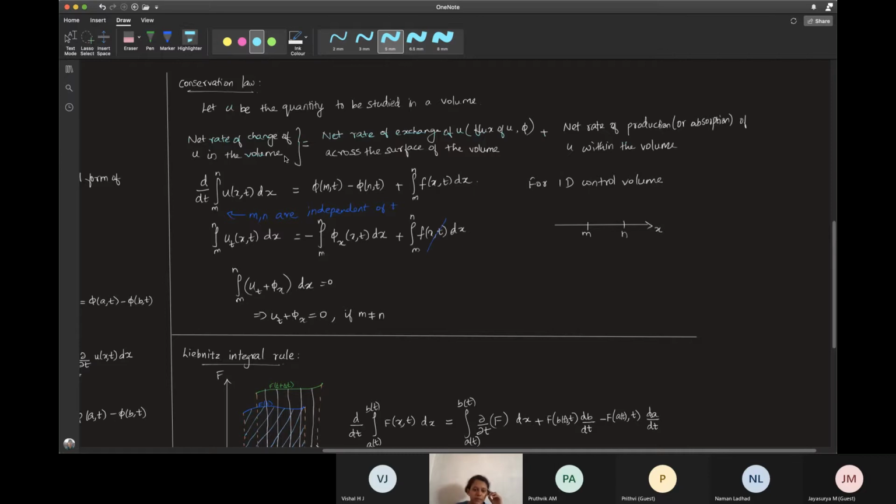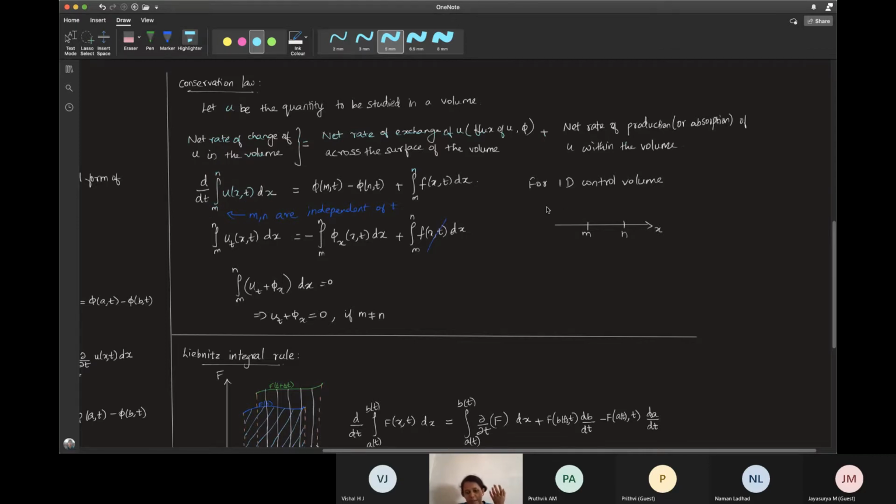Now, when this is written through equations, it is like this. We have defined the quantity u at every point in the volume, so u of x comma t is defined everywhere in the volume. To quantify the total amount of u in the volume, we need to integrate it.